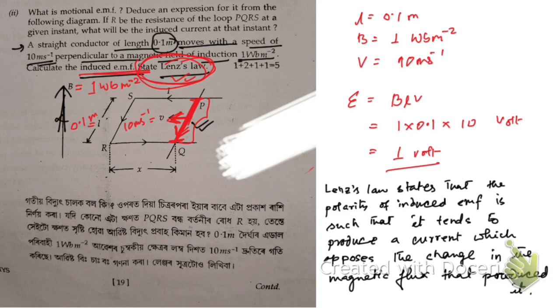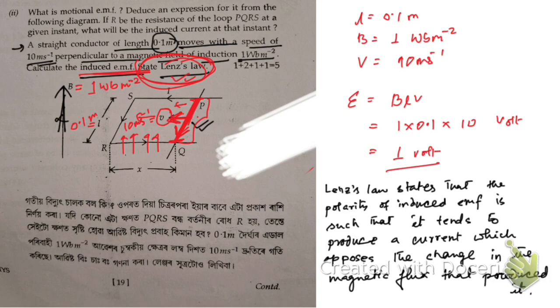Here the magnetic flux is being changed due to the motion of this PQ when it is moved towards left. It may be moved towards right also, but here we are considering that we are moving towards left.